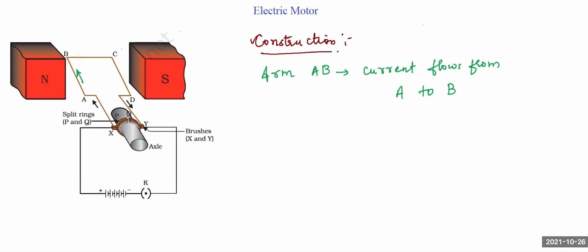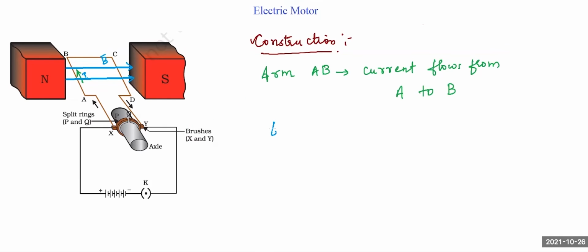And we already know the direction of the field is from north to south as indicated. So this is the direction of the field, and this is the direction of the current.